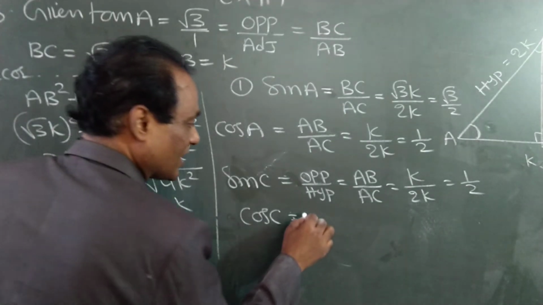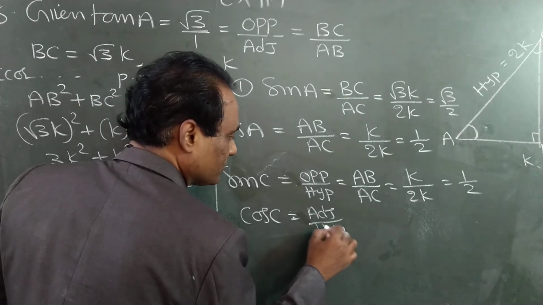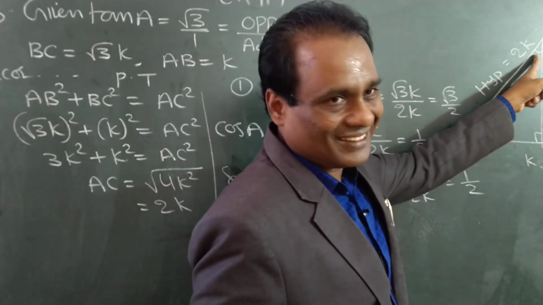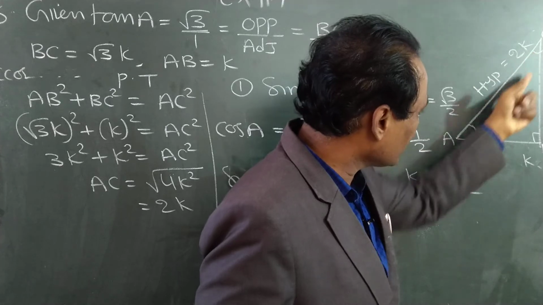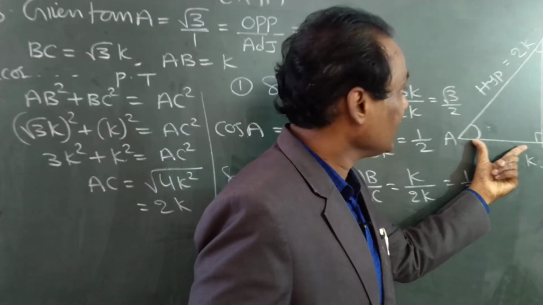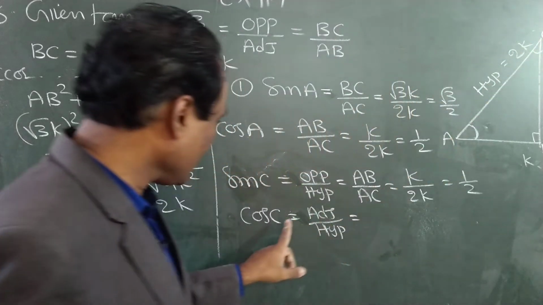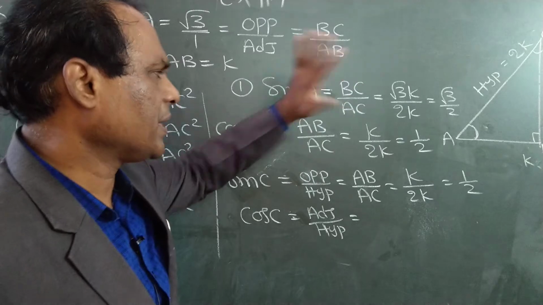What is the cos definition? Adjacent by hypotenuse. For this angle, this is opposite, and this is the adjacent. This is not A. For A, no confusion, already we completed.